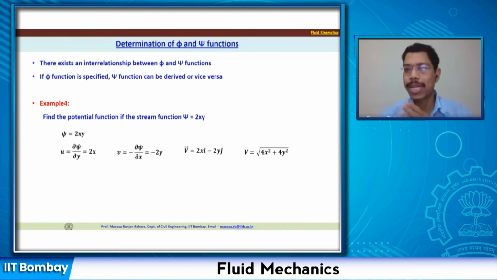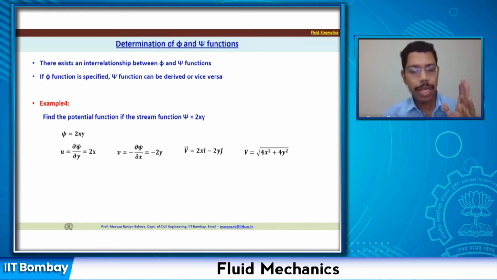But before that, I think I have shown here the resultant velocity can be written like this: 2x i cap minus 2y j cap is equal to the resultant velocity. And I can write in quantitative terms, if I want to evaluate, the square root of u square plus v square equals the resultant velocity. That I can find out. So that is not a difficult task, you know that.